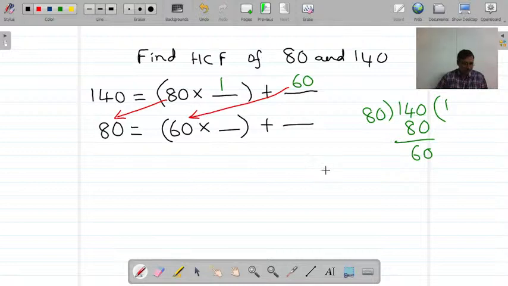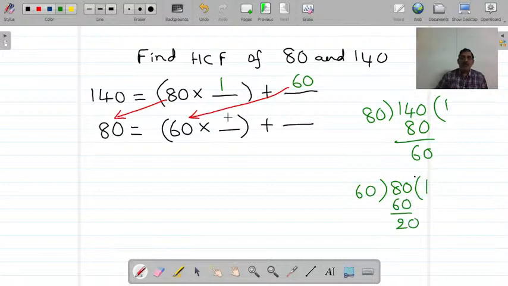Yes, right. Vamshi, correct only. So what to do? Again we take 80 and we divide with 60. How many times? 1 60 is 60, 20 is the remainder.